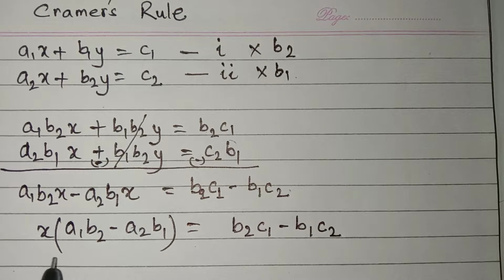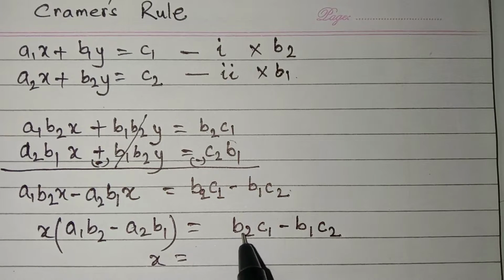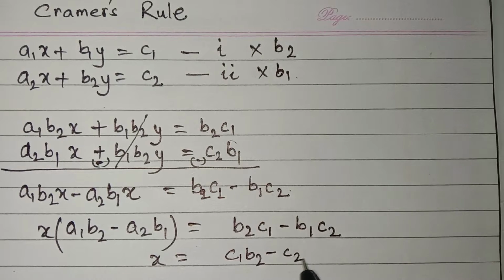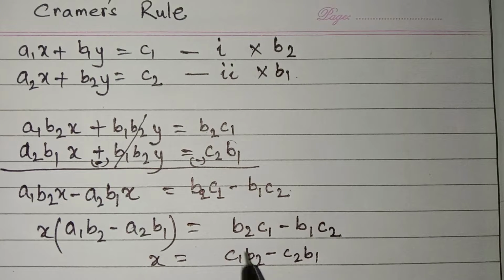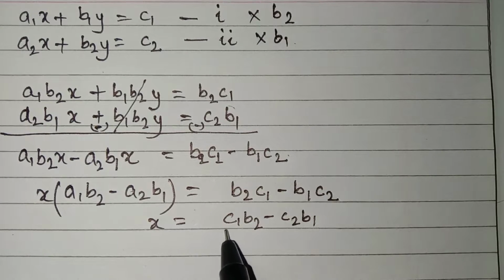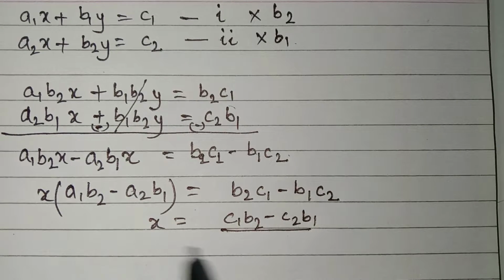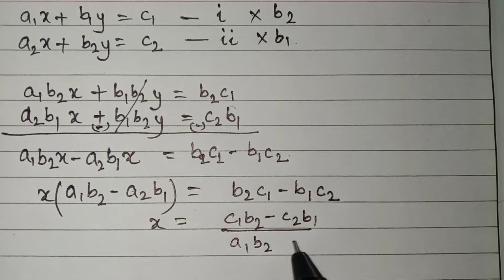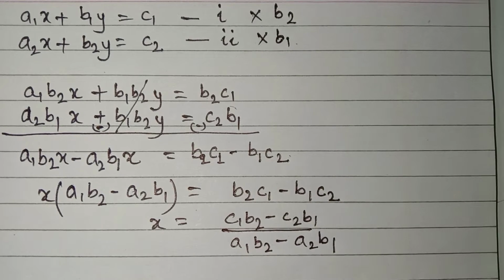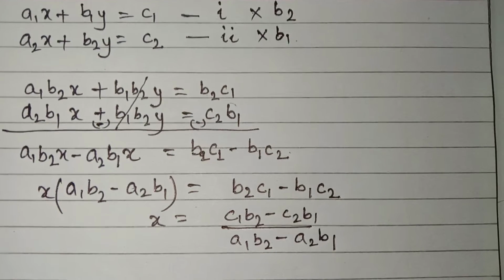If I write this as c1b2 minus c2b1, it's not going to change its meaning. So x equals (c1b2 minus c2b1) upon (a1b2 minus a2b1).